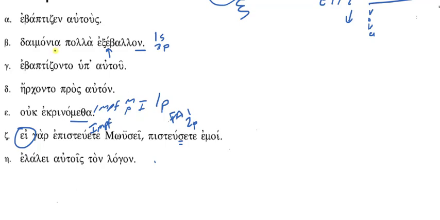What's the singular? Yeah, it's daimonion. So this is a neuter noun. It becomes plural with an alpha in which cases? So this could be nominative or accusative, plural, and neuter, right? Now that creates a little bit of a problem here, doesn't it?